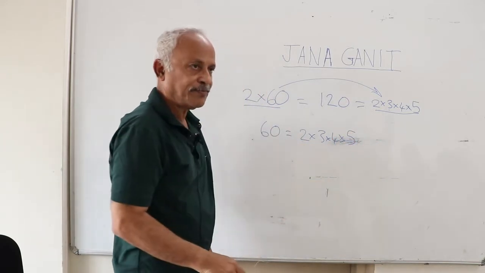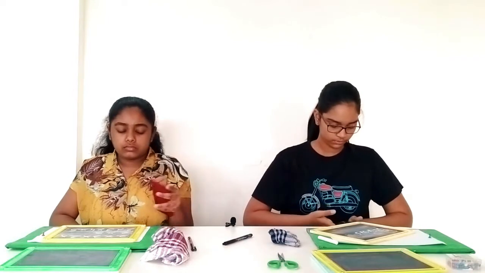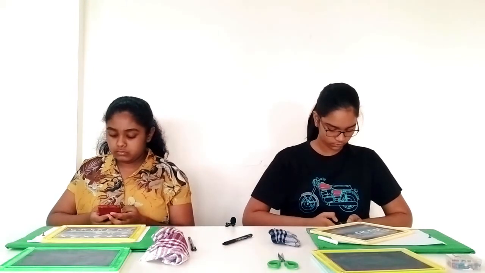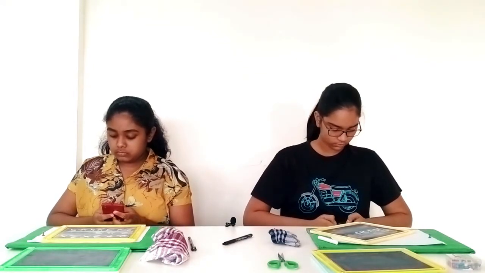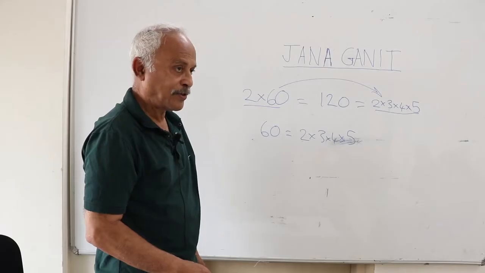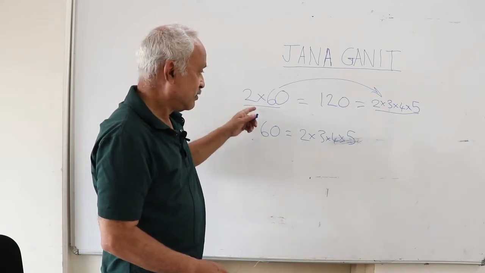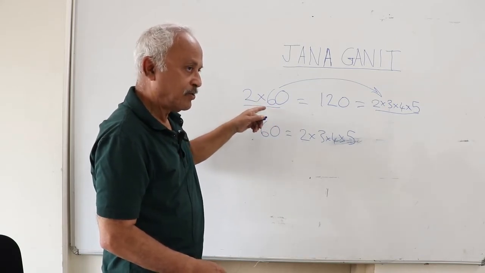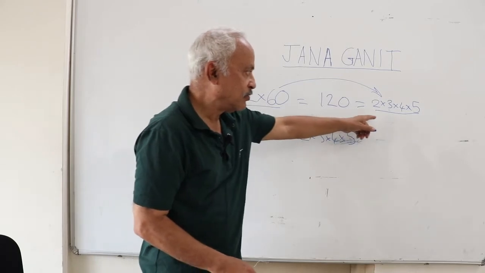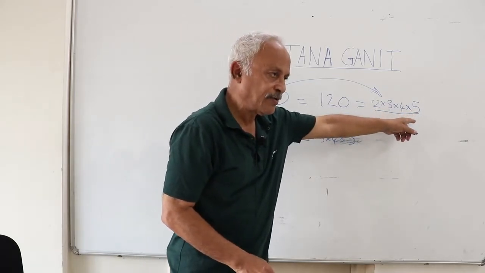Do it on the calculator. So 60 is not 2 into 3 into 4 into 5. This 2 into 60 is 2 into 3 into 4 into 5.